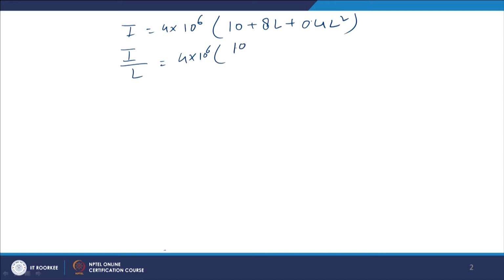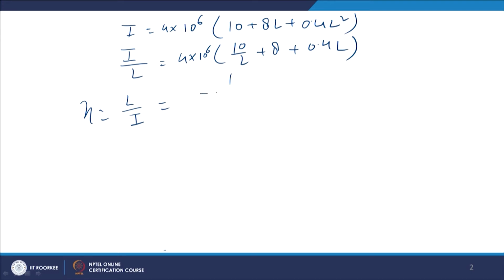Okay. So, we have the equation I is equal to 4 into 10 to power 6, 10 plus 8L plus 0.4 L square. Now, we will take I by L, which is 4 into 10 to power 6, 10 by L plus 8 plus 0.4 L. Now, efficiency is L by I, so we will reverse it.